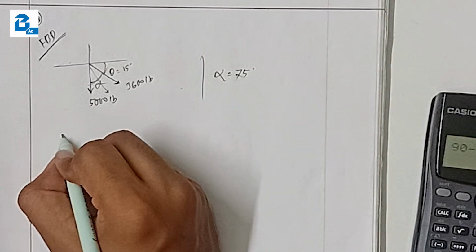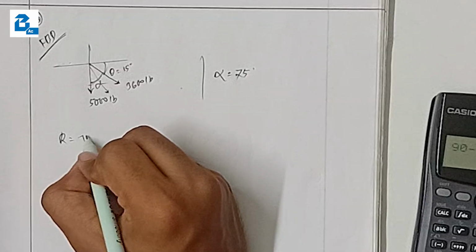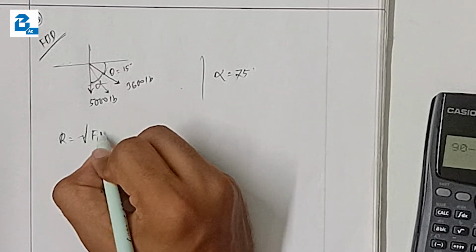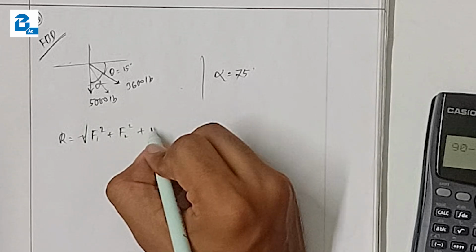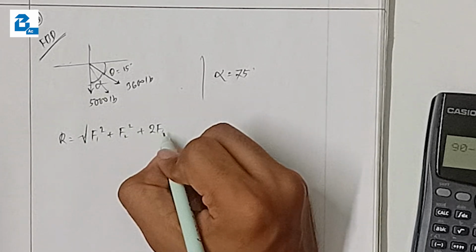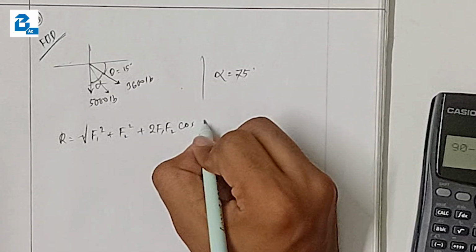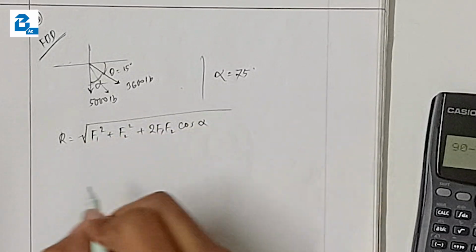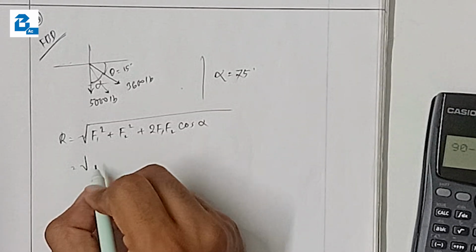Okay, for that let's apply the formula of R or resultant. We will get F1 square plus F2 square plus 2 into F1 into F2 cos alpha, and let's apply the values here.